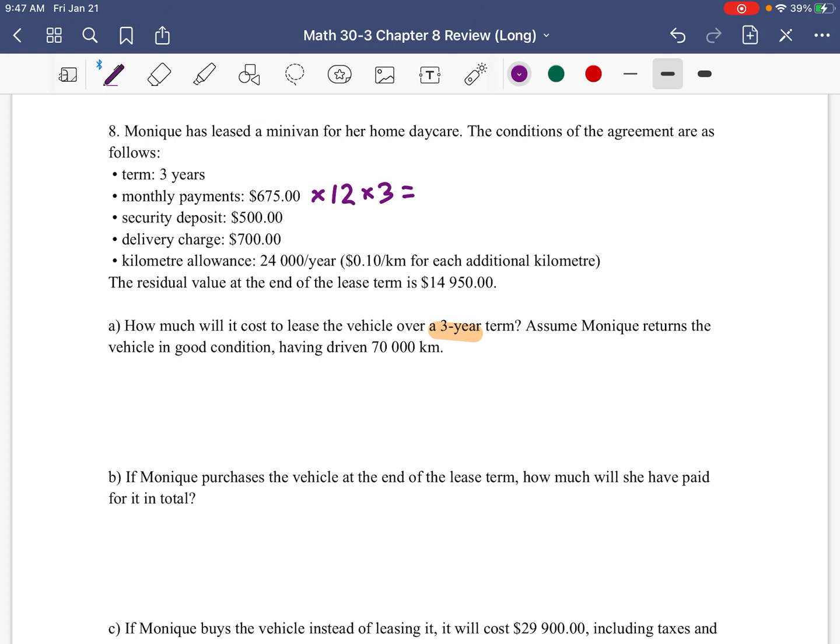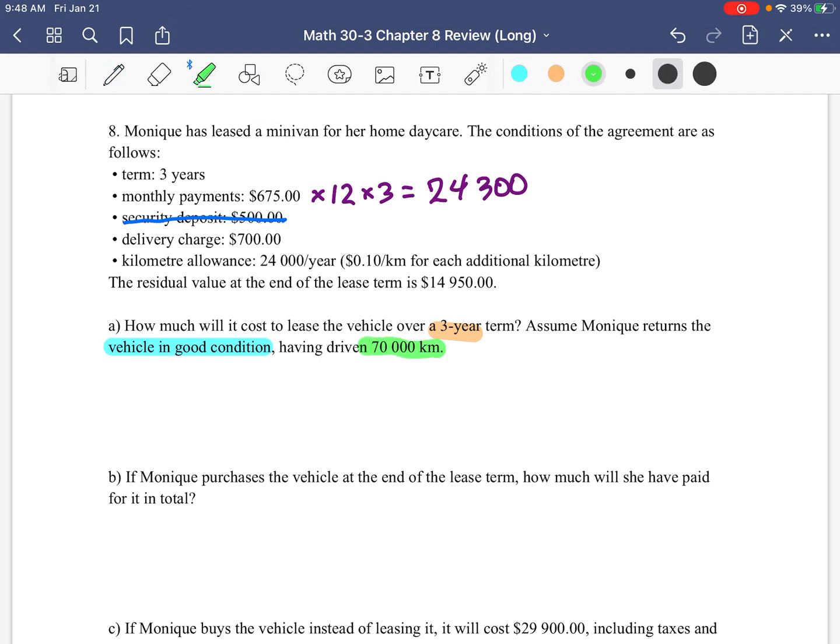So the total monthly payments, $675 times 12 times 3, $24,300. Okay. Now, also note, Monique returns the vehicle in good condition, which means the security deposit she gets back. So I just go, okay, we don't worry about the security deposit because she gets that back.